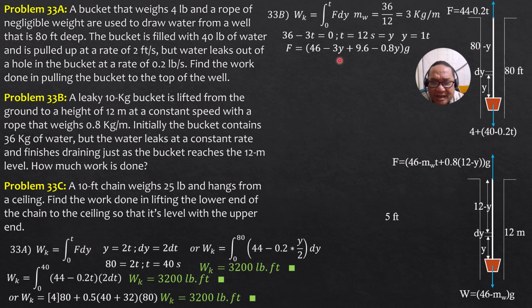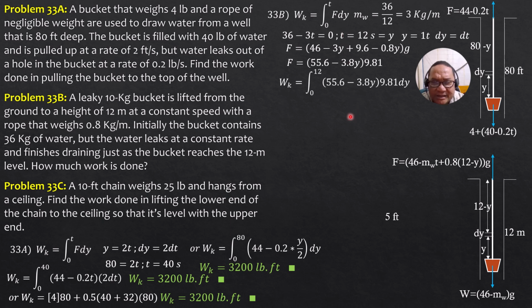So that's the reason dy is dt. Differential of y is differential of t. So F is 55.6 minus 3.8 y times 9.81. So we can now substitute it into this equation there.